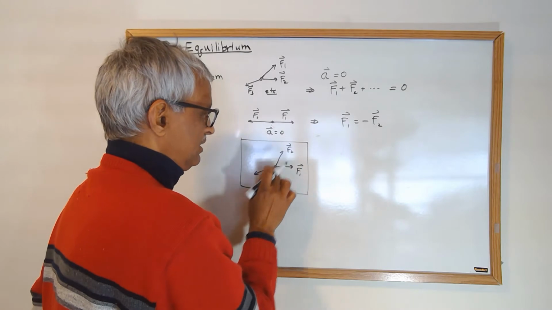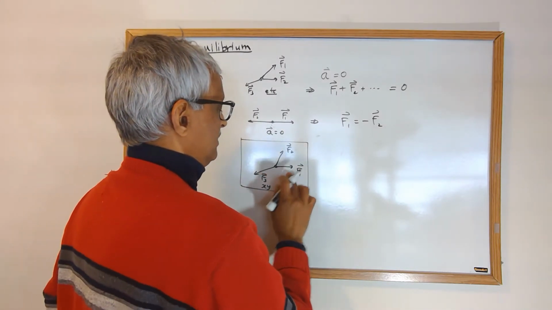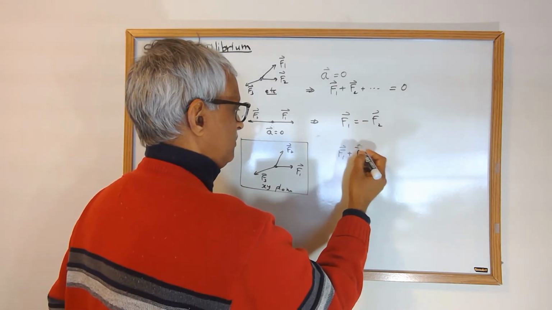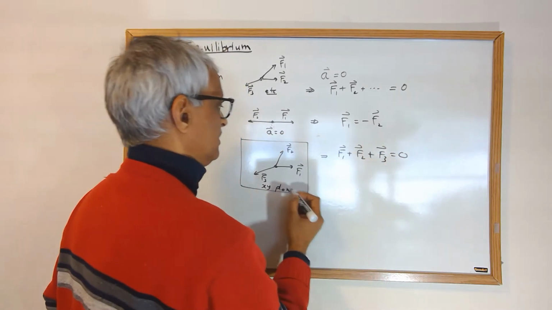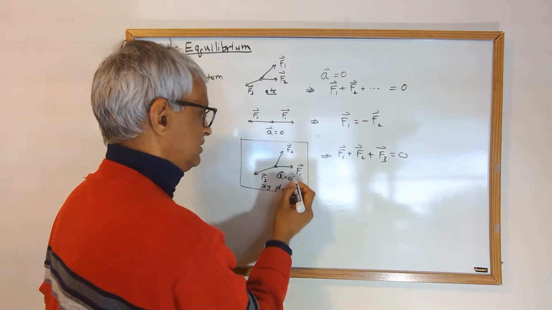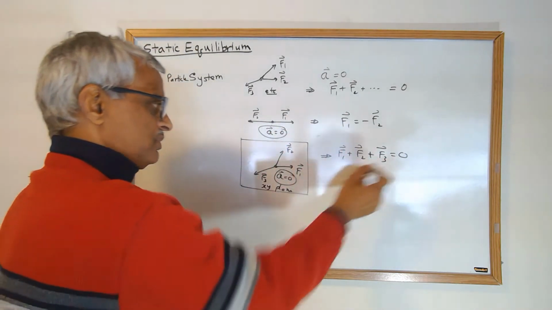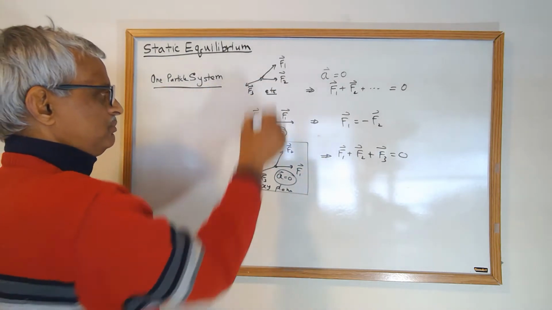So if I add these two, I get exactly that one. So F1 plus F2 plus F3 has to be zero because the acceleration is zero. This guarantees the forces have to add up to zero. So this is for a one particle system.